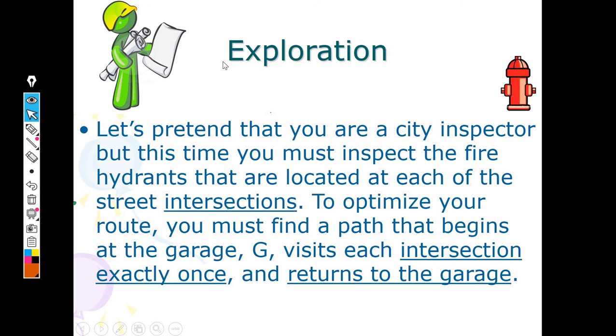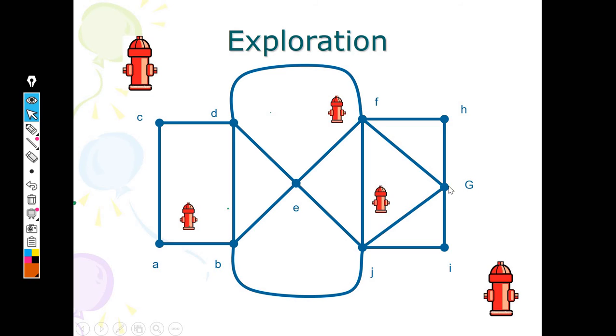Let's look at the diagram. Here's G, this is where we want to start, and we want to get to each intersection. Intersections, like I said, are all of these vertices. So we want to get through all of these and then return back to the garage.